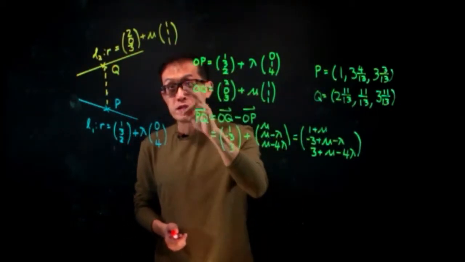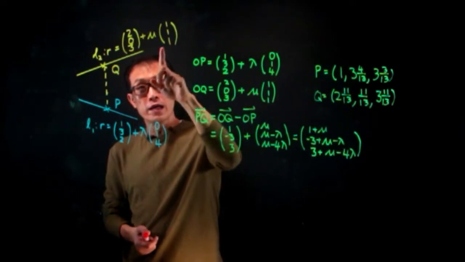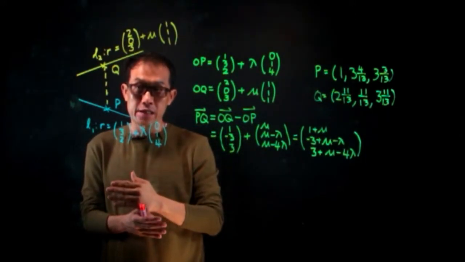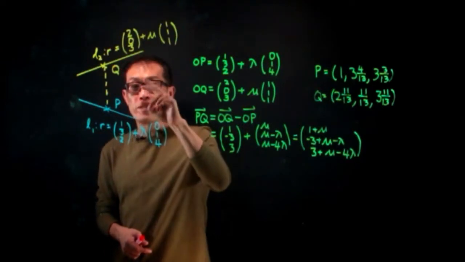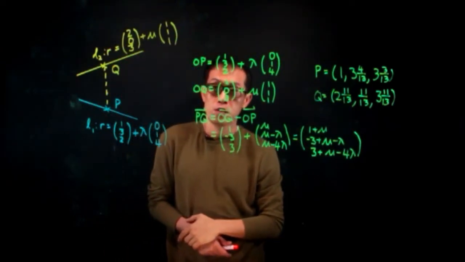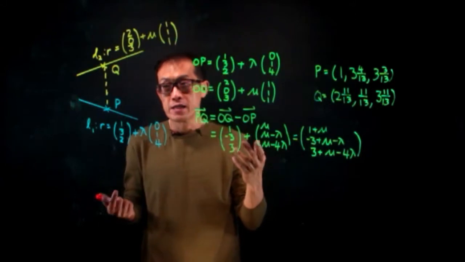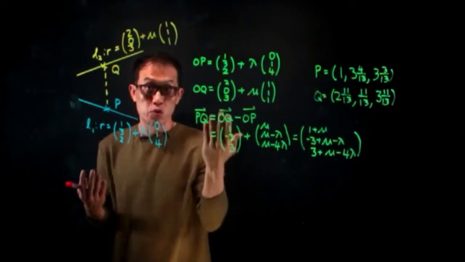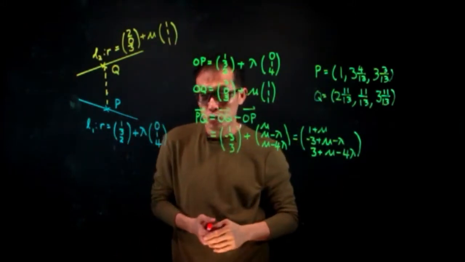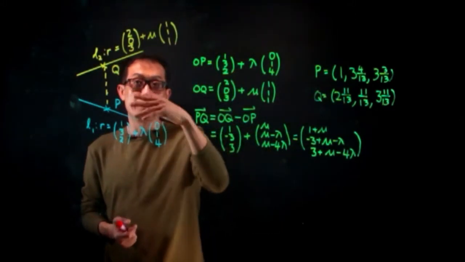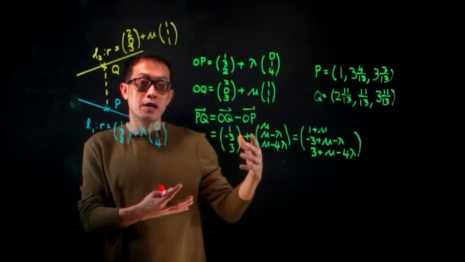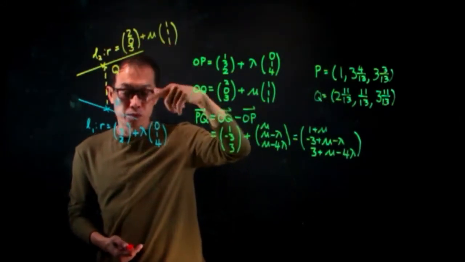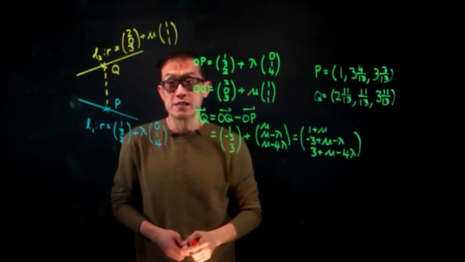Now if we cross the direction vector of line 1 and line 2, we will also get a vector that is perpendicular to both L1 and L2. Since that vector is parallel to PQ, PQ will be equal to a scalar multiple of the cross product of the two direction vectors.